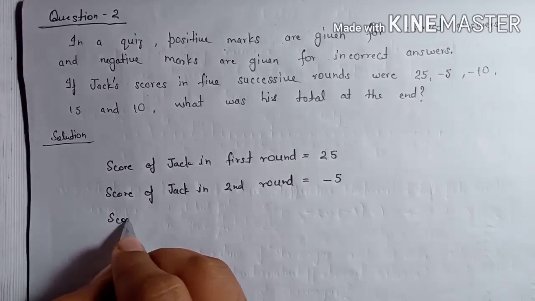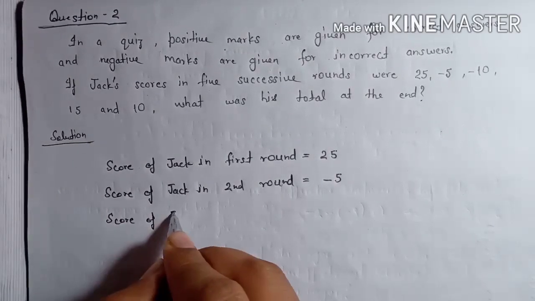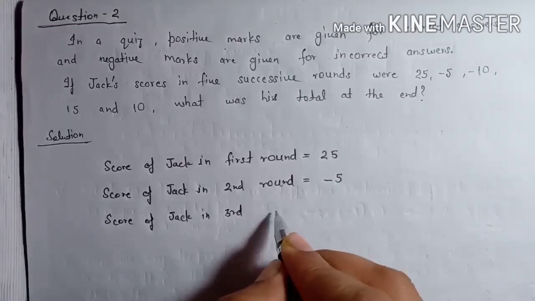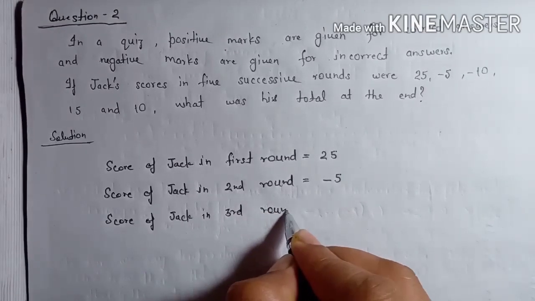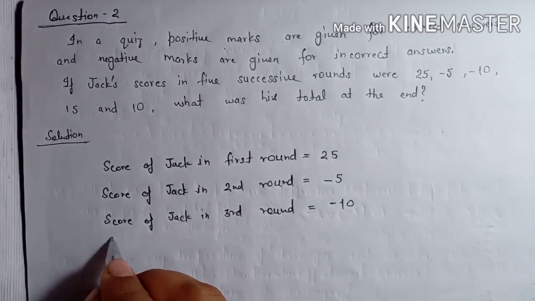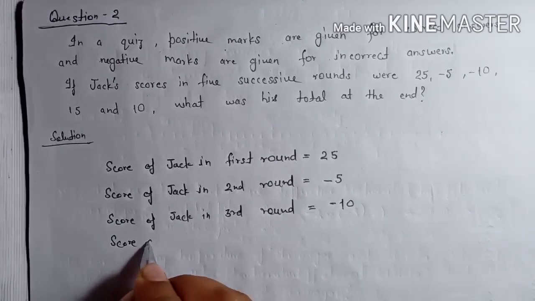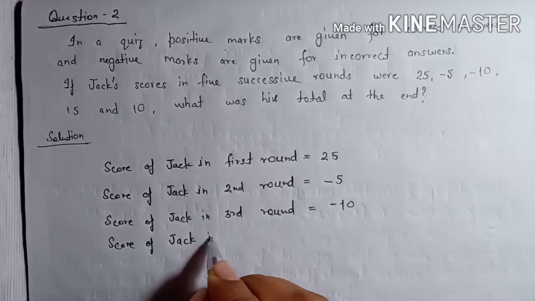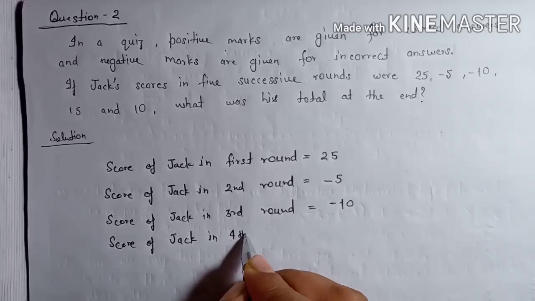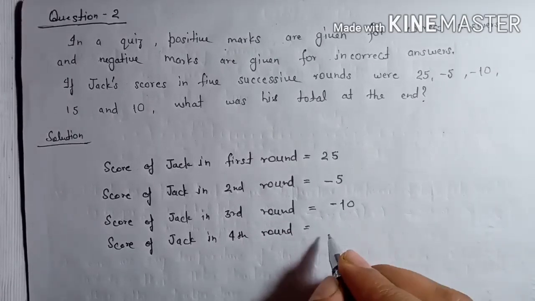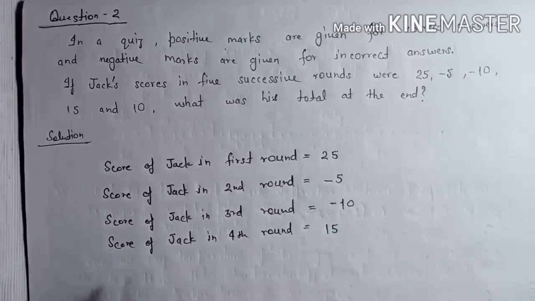Score of Jack in the third round, that is -10. Score of Jack in the fourth round, and it is 15.